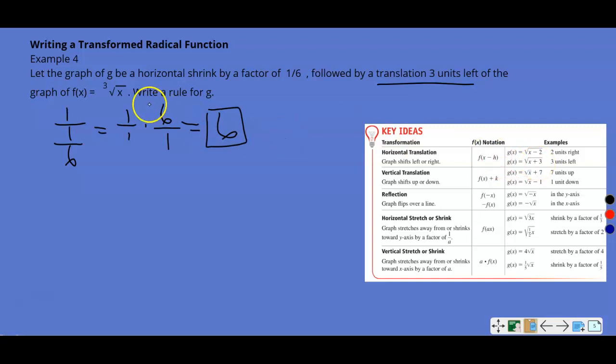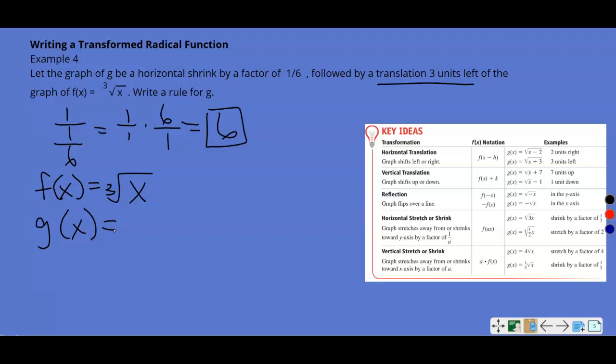So what we need to do is take that information and write a rule. So we're already given f(x) equals the cube root of x. That's our parent function. And g(x) is going to be, first we can plug in the 6.